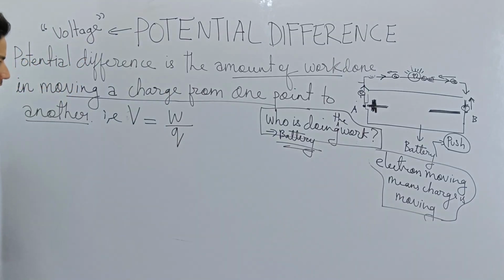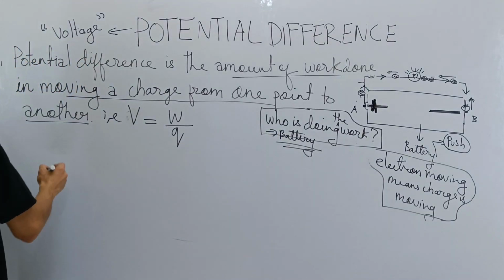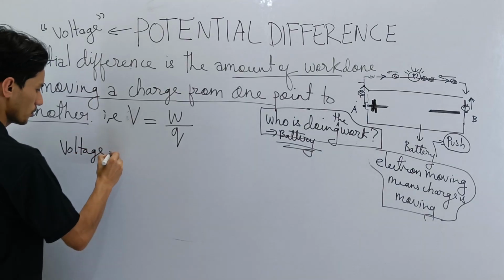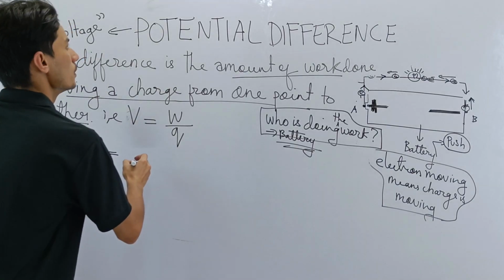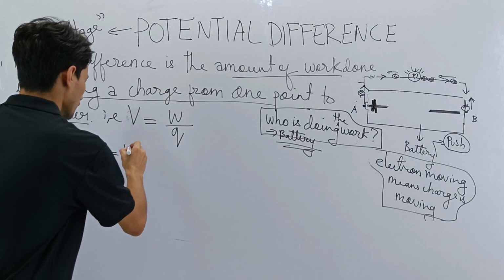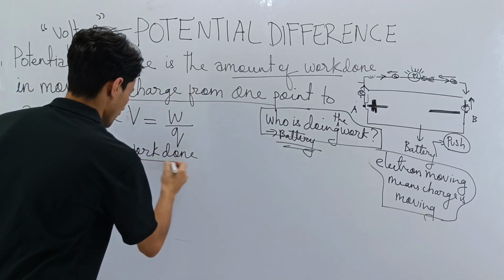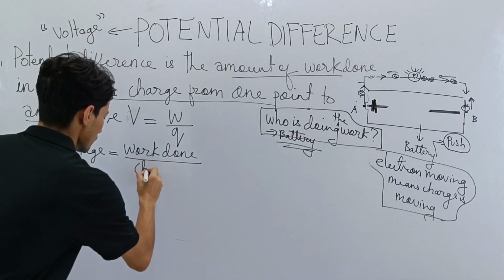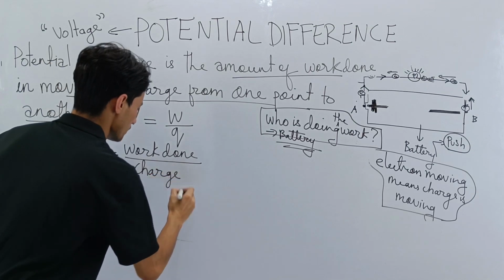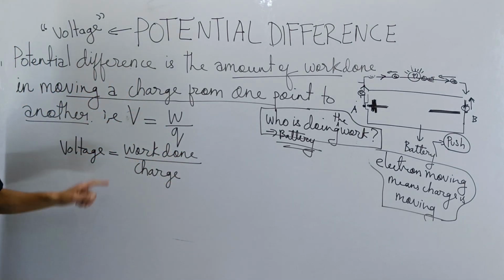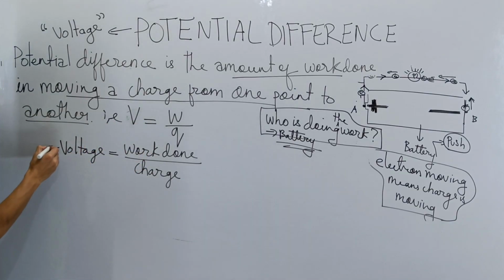So we can say voltage is equal to work done by charge. We can also say it like this. These both are the same. So the unit of voltage is volts.